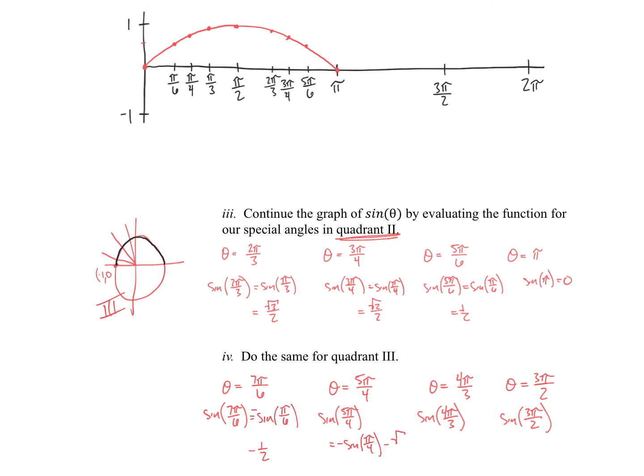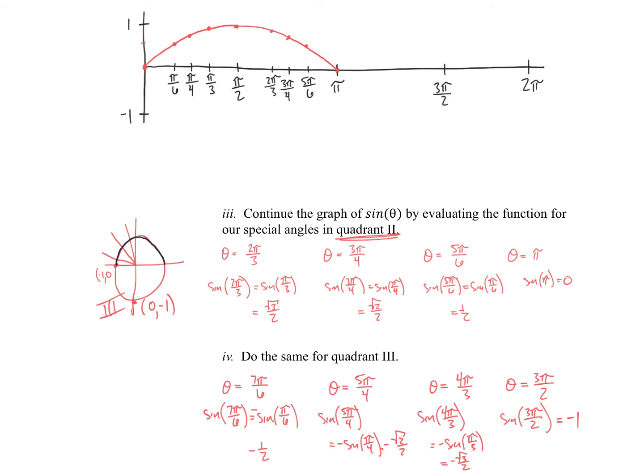So negative radical 2 over 2. Sine of 4 pi over 3 is going to be negative sine of pi over 3. So negative radical 3 over 2. And then sine of 3 pi over 2 is going to be negative 1 because that's a point that we're very familiar with on the unit circle.